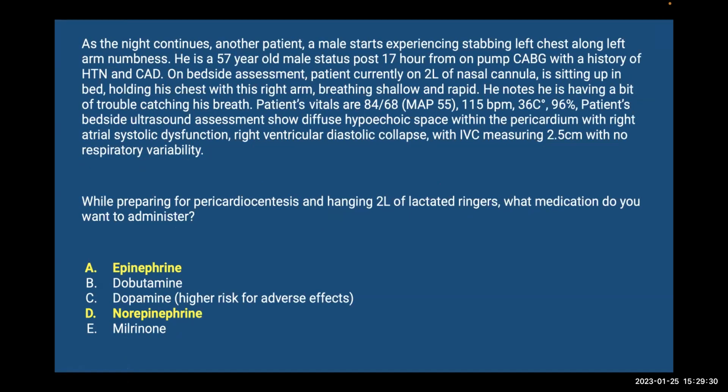The big thing with obstructive shock is you have to remove the obstruction to really fix the shock. And remember, the big thing with shock is you want to fix the pathophysiology, what's causing the shock. So in this instance, the vasopressors serve to keep your patient stable as you're preparing for this procedure. It's really whatever you can get in quickly to maintain the patient.